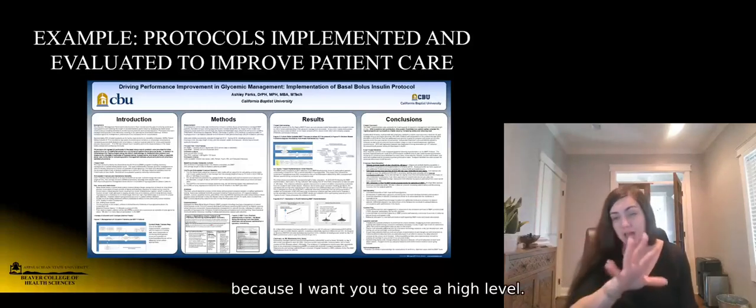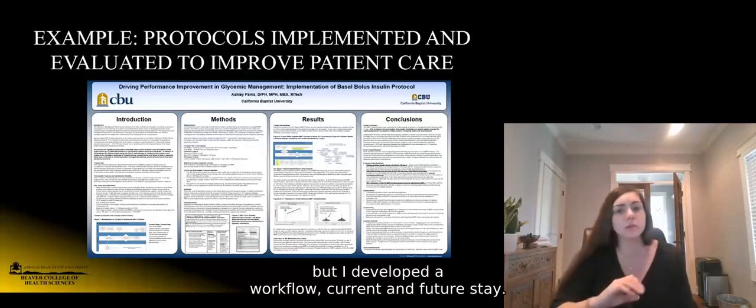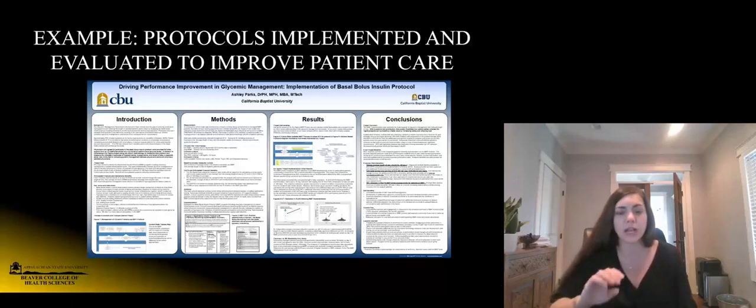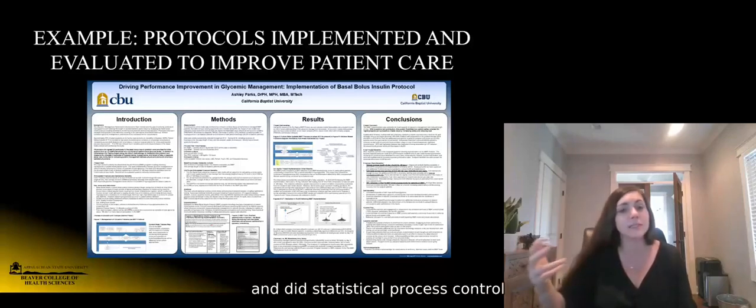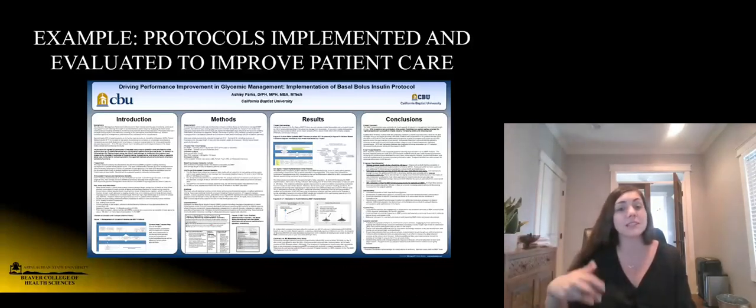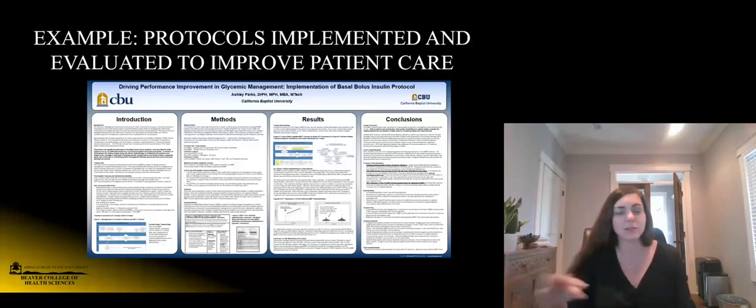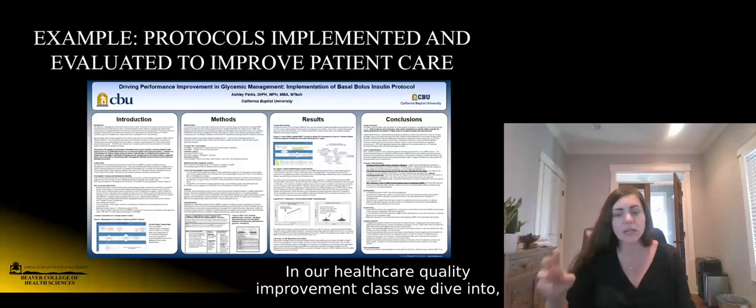You can't see it because I want you to see a high level. You can't see the individual tools, but I developed a workflow, current and future state. I tracked data over time and did statistical process control to see how the blood sugar values improved, see how costs were reduced. I did a root cause analysis to see what the fundamental drivers were and how we could address those. So lots of interesting tools.